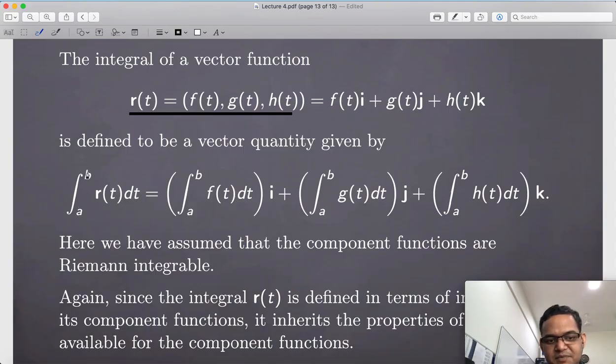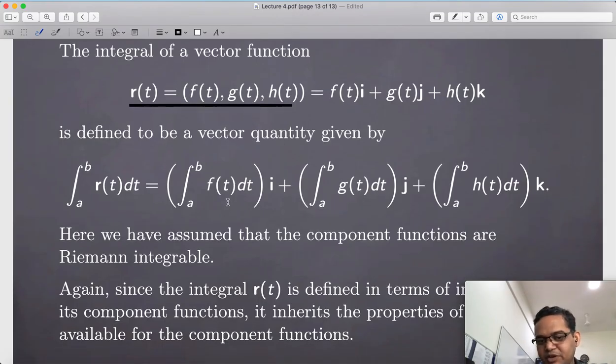So the integral of this vector valued function is just a notation and it has this meaning. When you integrate a vector valued function, you get a vector, and that vector has components which are the integrals of the corresponding component functions.